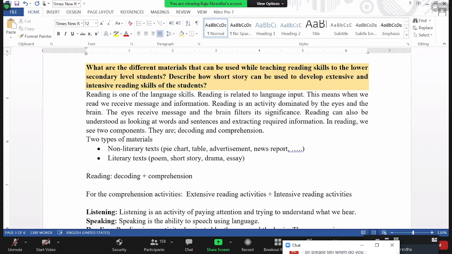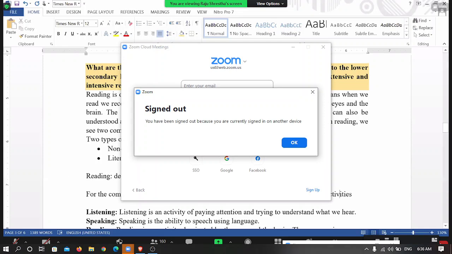And intensive means detailed understanding, like true, false, rearranging, question answer. For extensive and intensive, using what? Short story, drama, essay, poem, table, chart, biography, advertisement, news report, sympathy, condolence. These are texts. How they can be used, then we have to discuss.